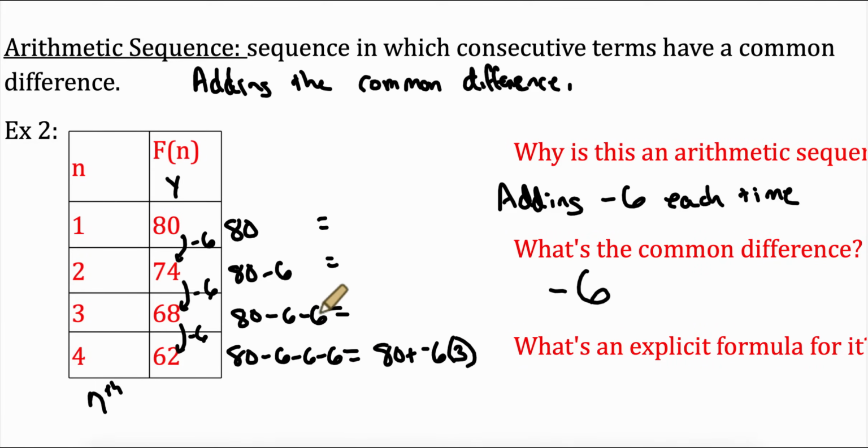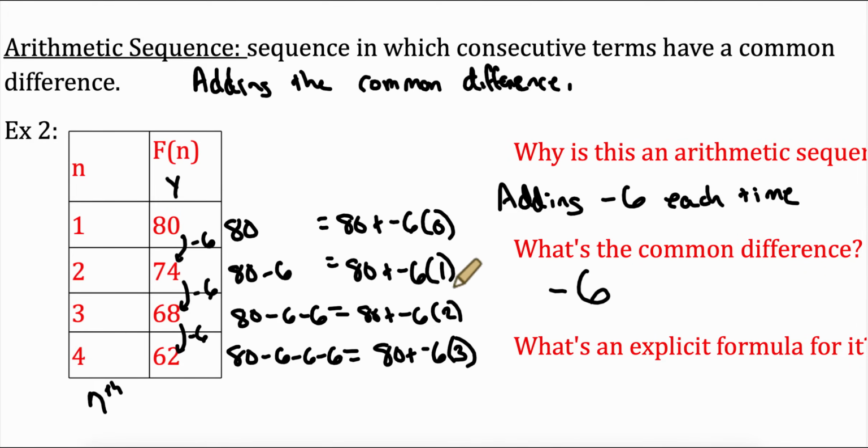All right. Down here I started with 80 and I repeatedly added -6 twice. Up here, I started with 80 and I repeatedly added -6 one time. This one, I have 80 and I repeatedly add -6 how many times? No times, right? So let's see if we can come up with a formula.